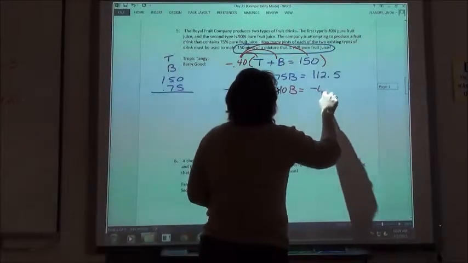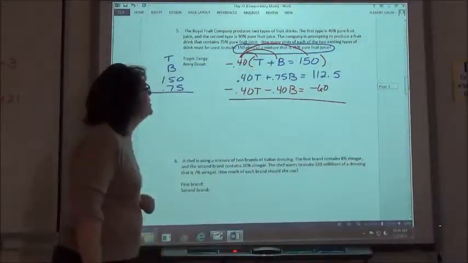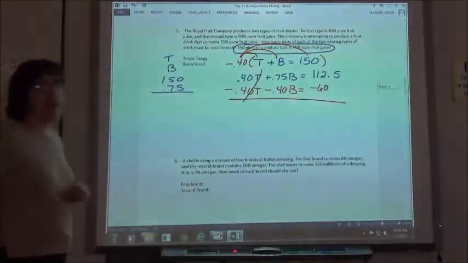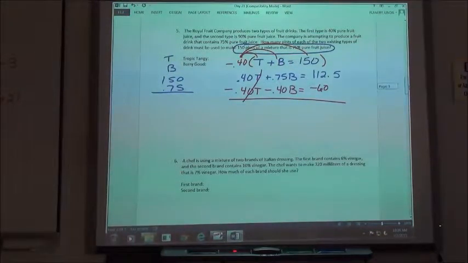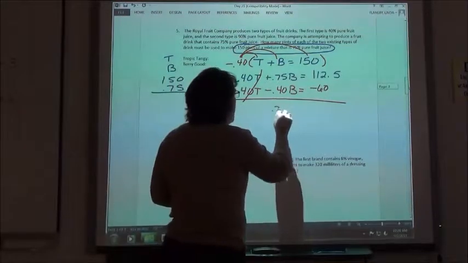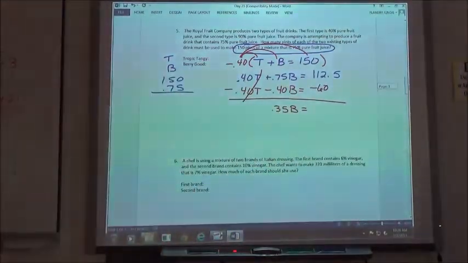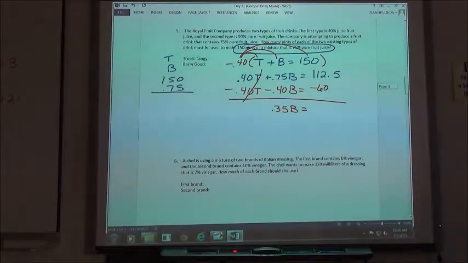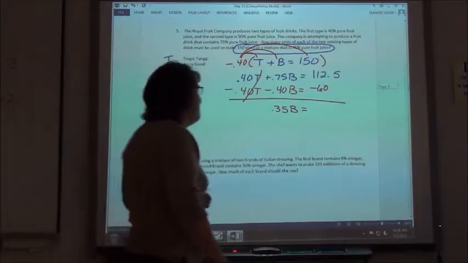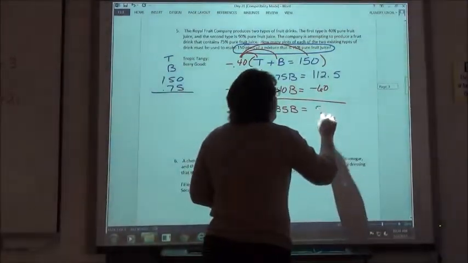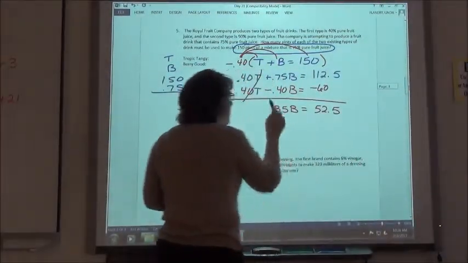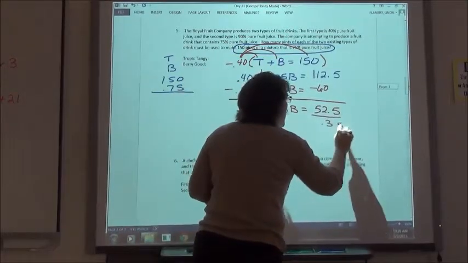Negative 60. Adding our equations together, the T's are going to cancel out. 75% minus 40% is 35, so 0.35 B. 112.5 minus 60 is 52.5. So in order to solve that, we're going to divide by the 0.35.